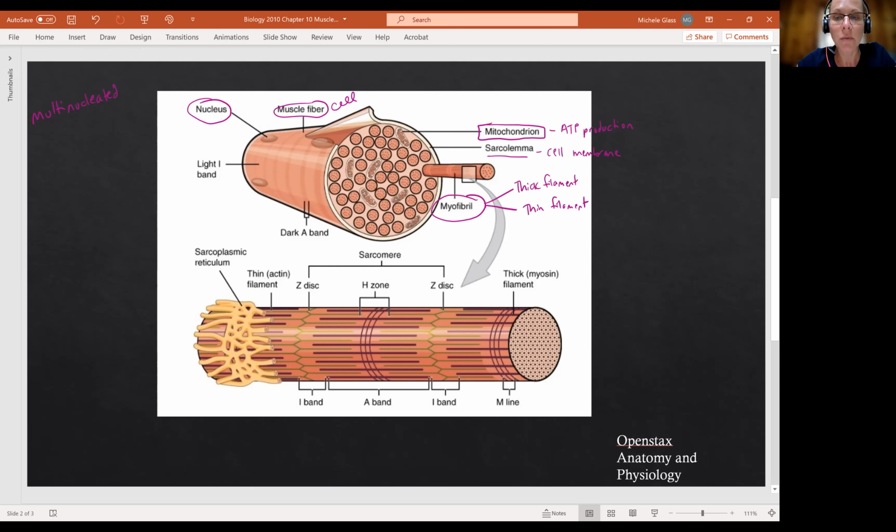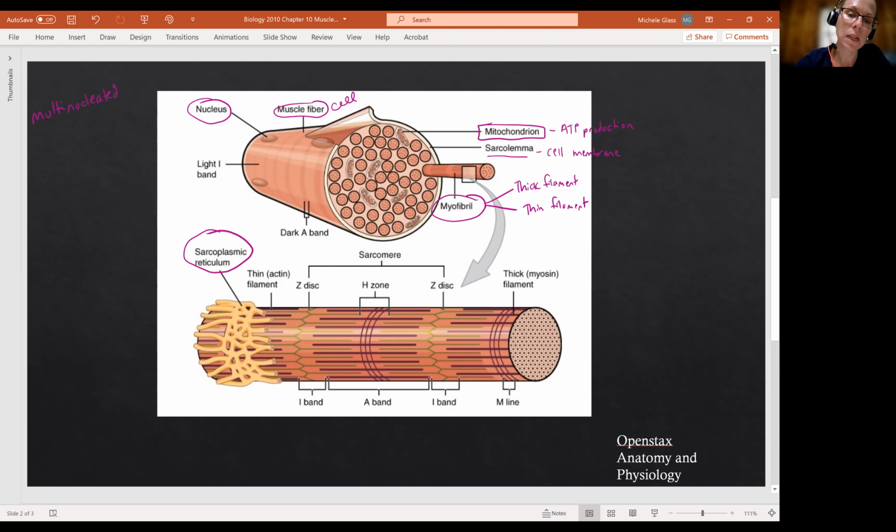The picture below, we've actually pulled that out. So in the picture below, we're looking at just a single myofibril. So it looks like a cylinder. We see over here shown on this diagram in yellow, our sarcoplasmic reticulum. Sarcoplasmic reticulum, remember, is a modified smooth endoplasmic reticulum, and it's storing or sequestering calcium.